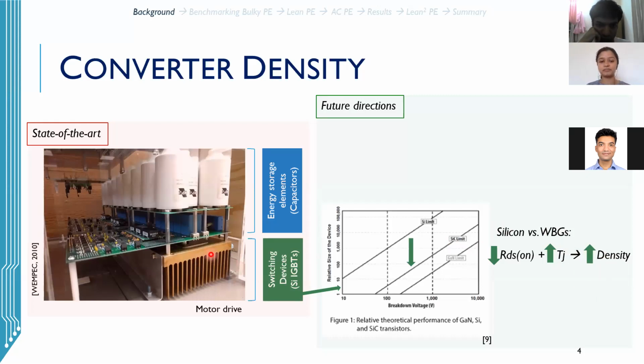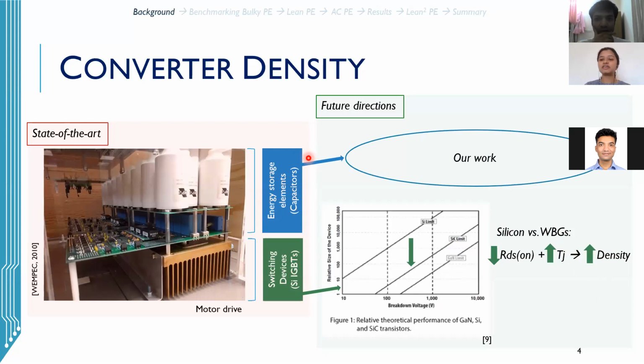Along with the solid state switches, the second aspect is the energy storage elements, that is the capacitors. This work is placed right here, wherein we focus on how we can reduce the size of these energy storage elements for future power electronics.